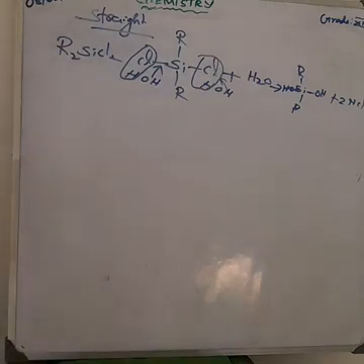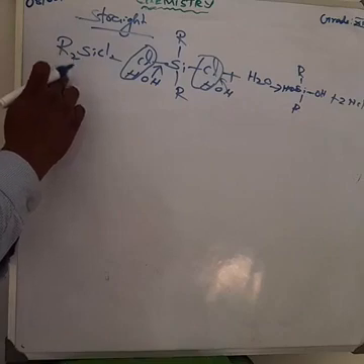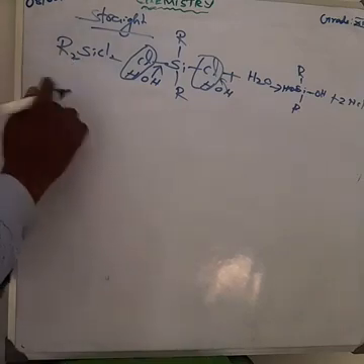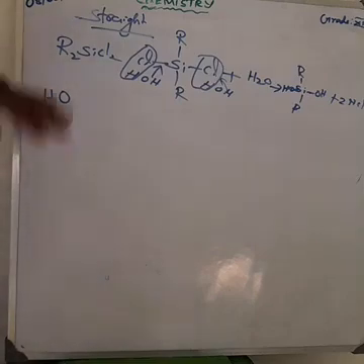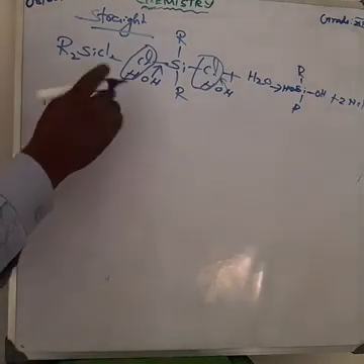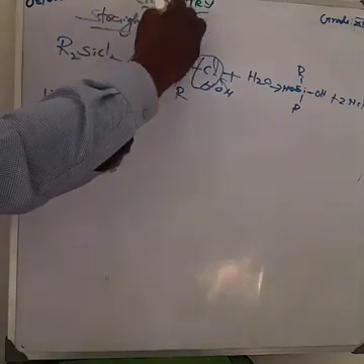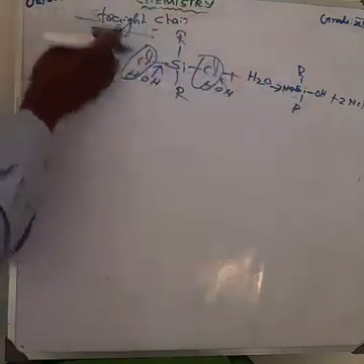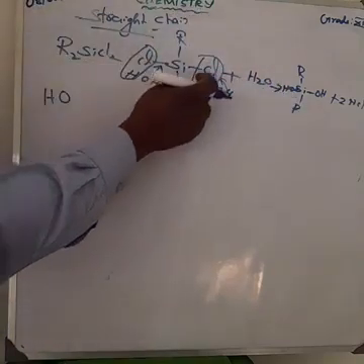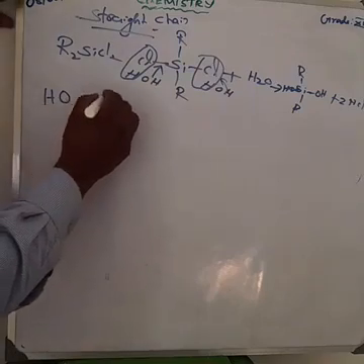Next, R2SiCl2, the dialkyl dichlorosilane, reacts with another dialkyl dichlorosilane to give a straight chain polymer. Here we remove the Cl by adding OH, and we get the compound Si R R OH OH.